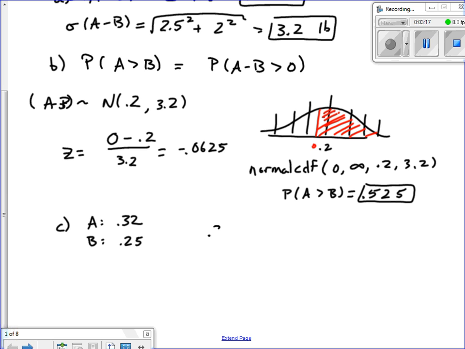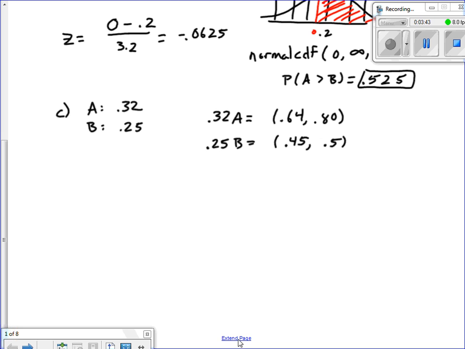So we're going to take A and multiply by 0.32. And so that's going to end up being 64 cents a pound, 0.8 here. And we're going to take B, and since we're converting from pounds to money, we're just going to multiply both of these through. And so now, just like we did before, find the mean and standard deviation of the difference of those two prices.